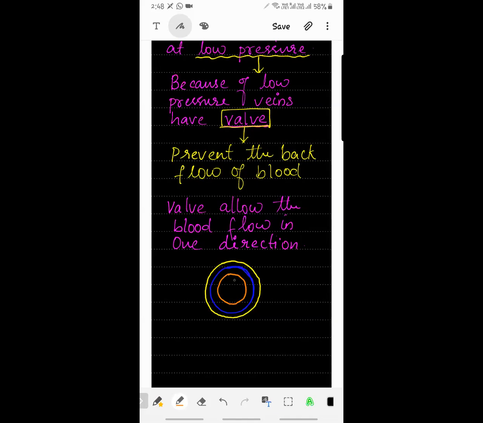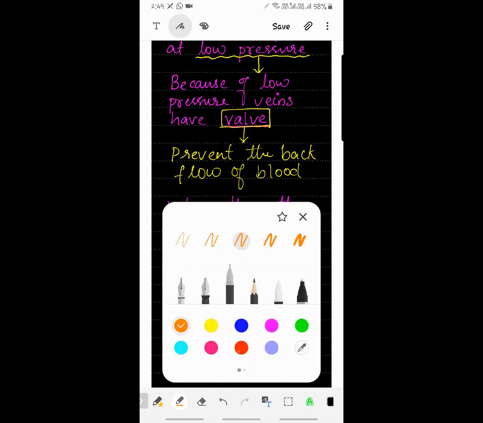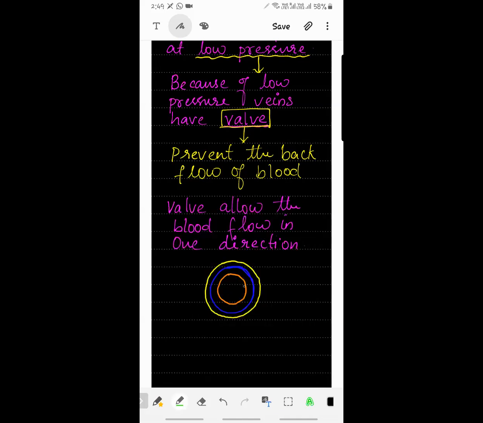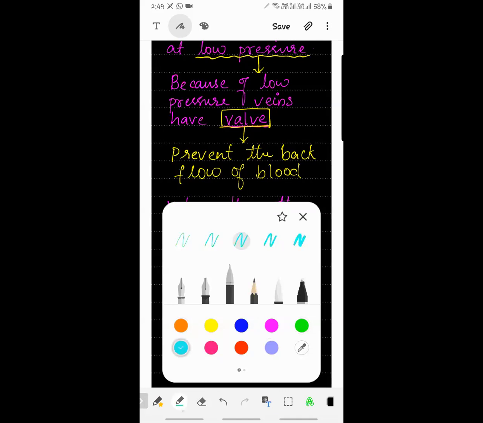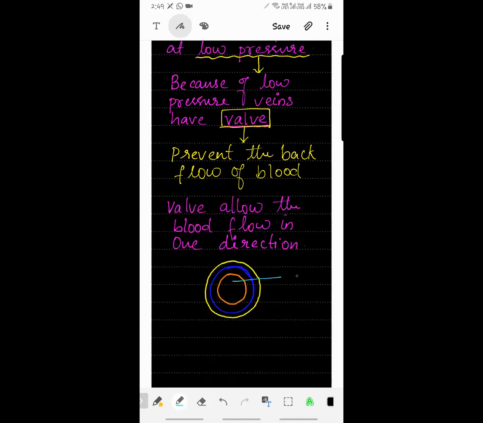So there are three layers, and between them is the lumen. Lumen means opening. Through this lumen only the blood will pass.